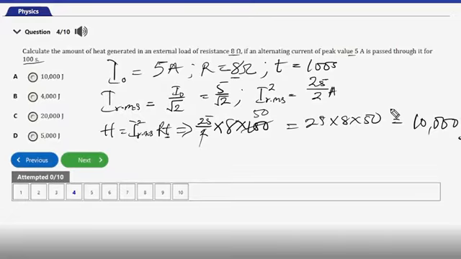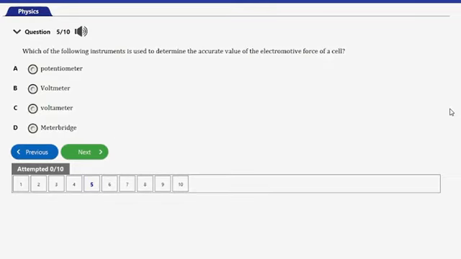So that's option A here, guys. So option A is the answer to this question. So that's it for this question, guys. Let's go ahead and consider the next question. So that's question number 5 here.